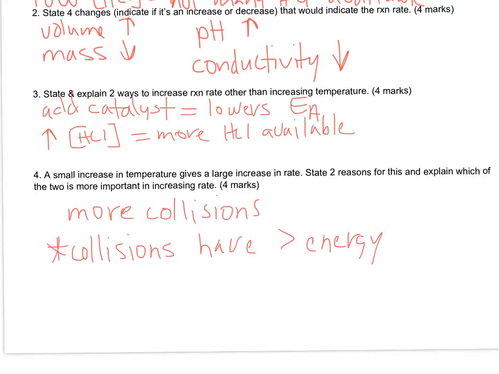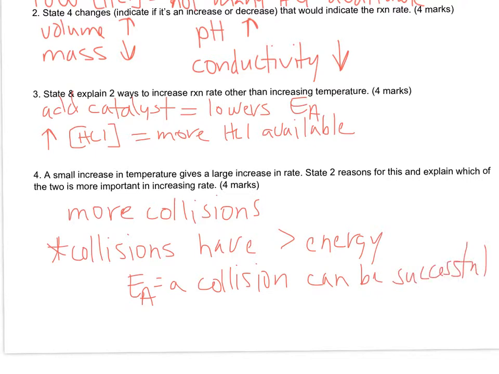And the reason why is a collision cannot be successful if you don't have EA, activation energy. A collision can't be successful. So it really doesn't matter how many unsuccessful collisions you have. So again, increasing collisions really doesn't help you unless you increase the number with the minimum activation energy.